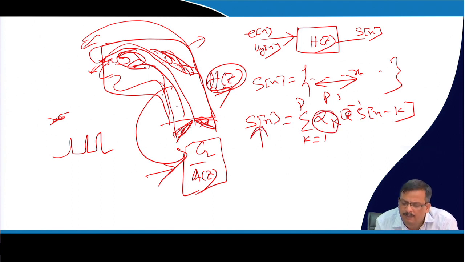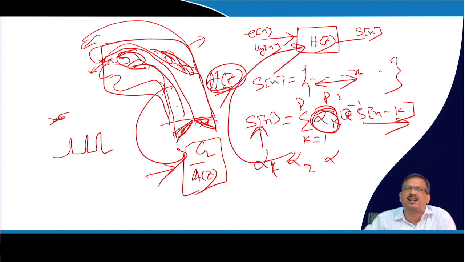So I can estimate those alpha k. I know the current sample, I know the previous samples, so I can apply a theory called linear prediction theory to solve for alpha k. Once I know alpha 1, alpha 2, alpha 3, they characterize this A(z).